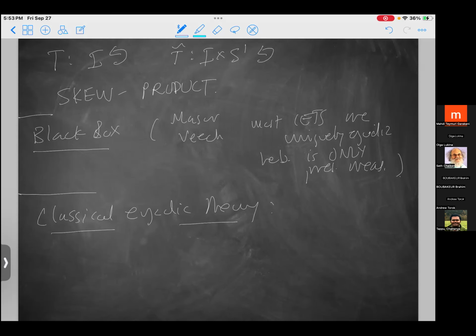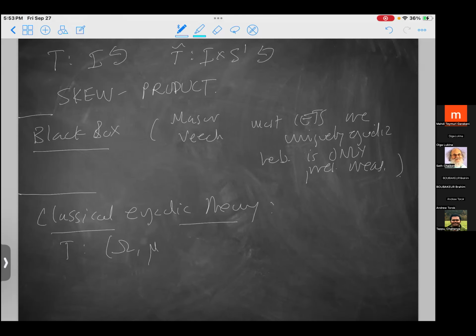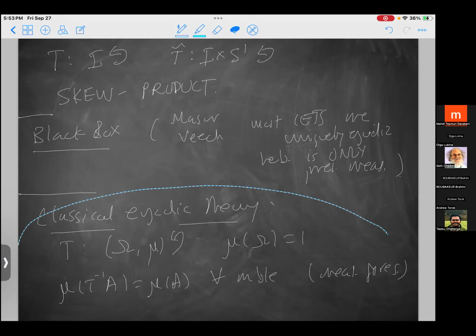If I have a transformation, which I'm again going to call T, from a measure space omega, a probability space, to itself, so T goes from (omega, mu) to itself, where mu of omega is 1, and mu of T inverse A is mu of A for every measurable A. So this is measure preserving. Let's carry this along with us.